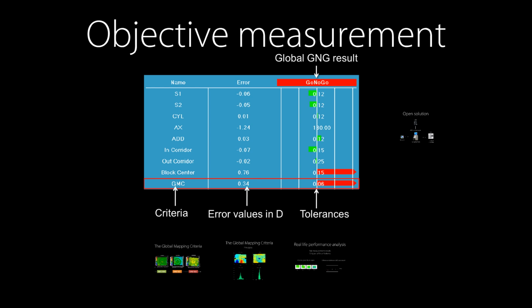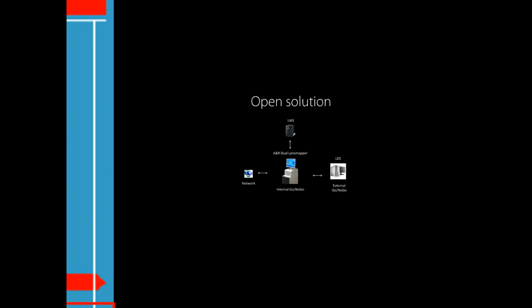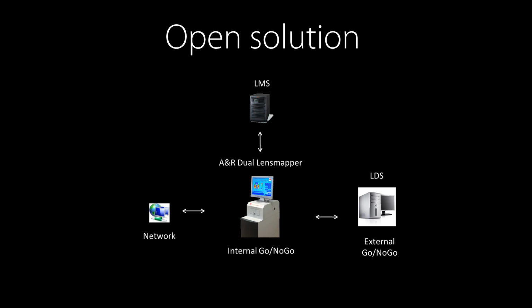So each tolerance is configurable and can be set according to the lab quality standard. We even provide a solution where an external system, like an LDS, can make the evaluation of the lens and send the result back to the Dual Lensmapper where it will be displayed.